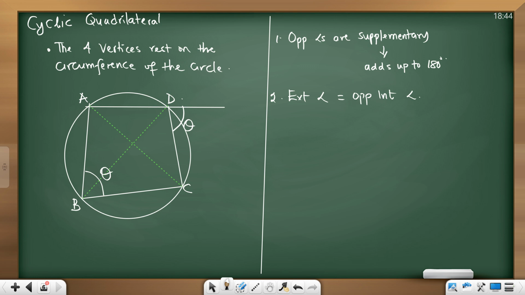And number three, angles in the same segment. That's why I have the dotted lines there. So if you notice, this angle will be equal to that angle there, because they are coming from the same segment.